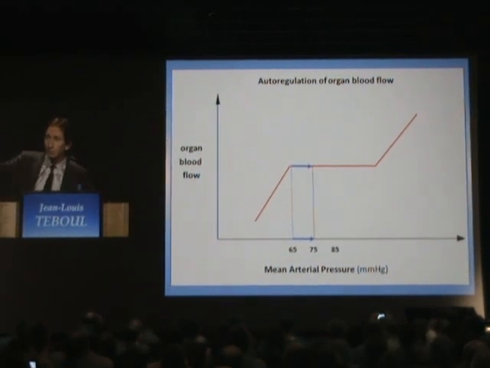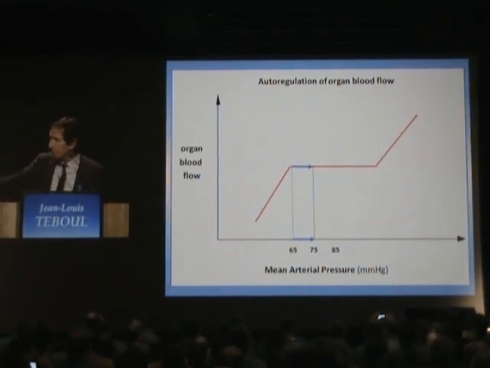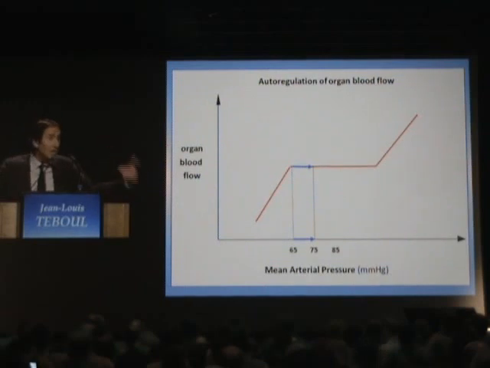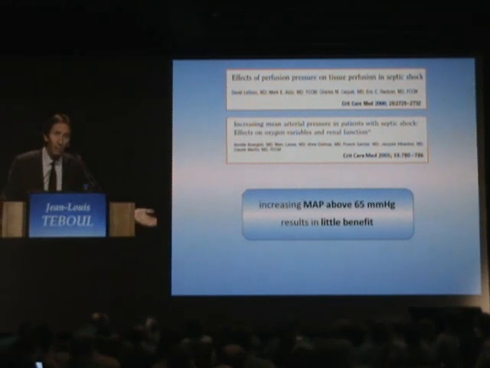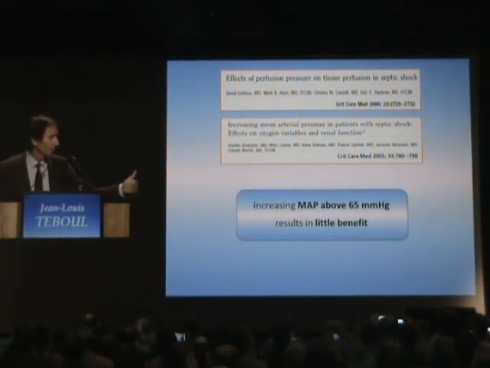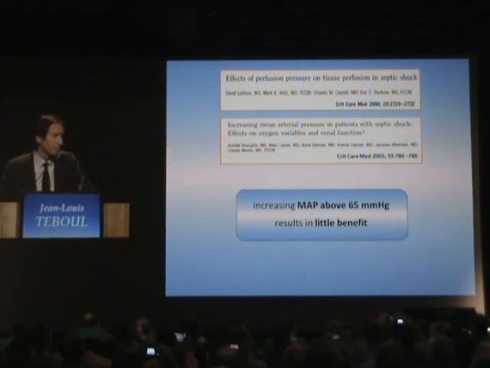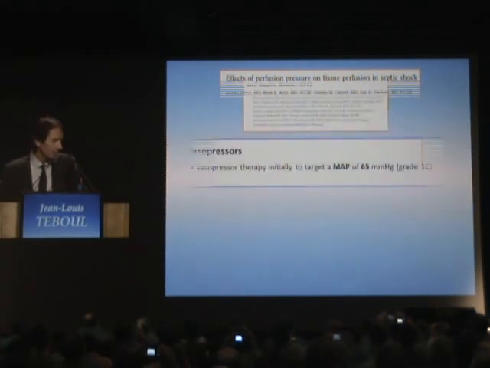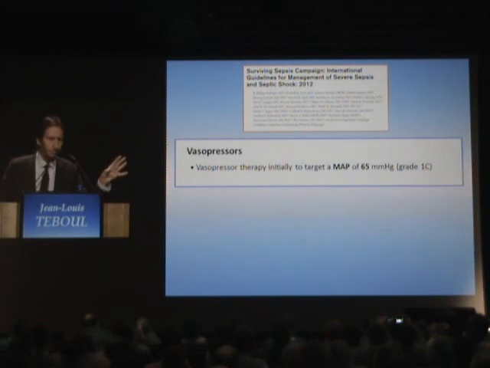So increasing mean arterial pressure above 65 did not result in any effect on regional blood flows. And this is why the Surviving Sepsis campaign recommends now to increase mean arterial pressure above 65, at least initially.